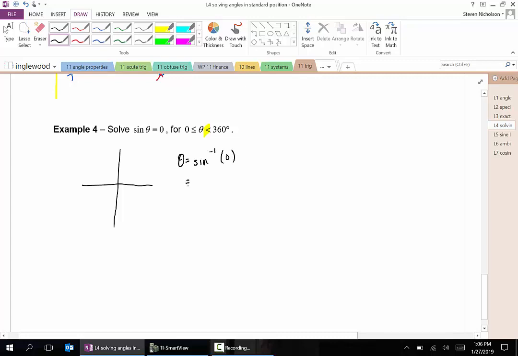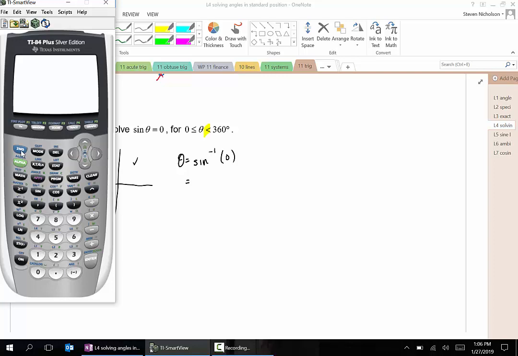And again, what our calculator will tell us is the answer in the first quadrant, like grade 10 math. So we could just get out our calculator, second, sine, 0, and our calculator is going to say 0. Now remember what that represents.